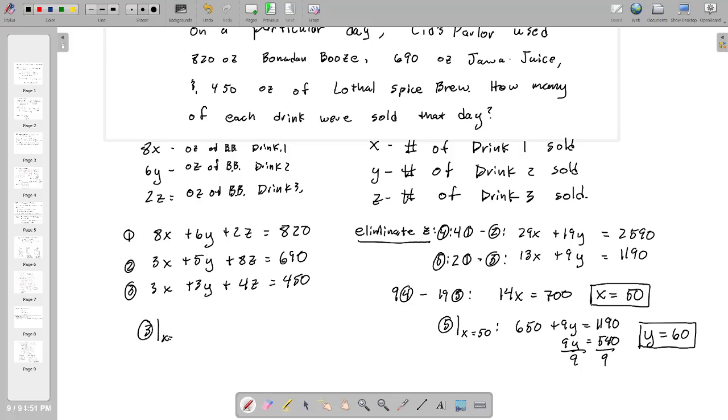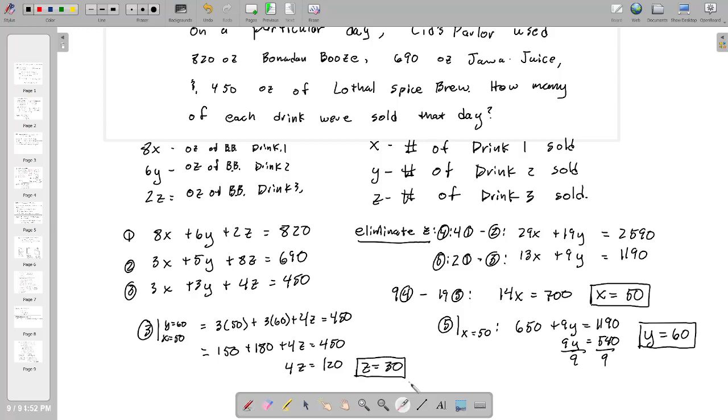With x equal to 50 and y equal to 60, we get 3 times 50 plus 3 times 60 plus 4z equals 450. 150 plus 180 plus 4z is equal to 450. 4z will equal 120, and this means that z is equal to 30.